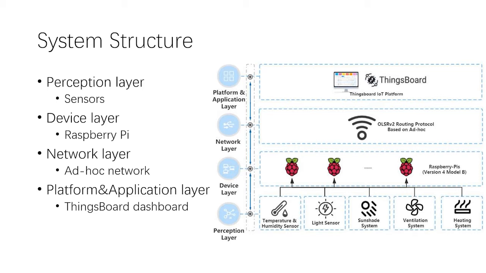So we use ad hoc as our wireless network mode, and we use OLSR version 2 as our routing protocol. If we do that, we can get a multi-hop network.